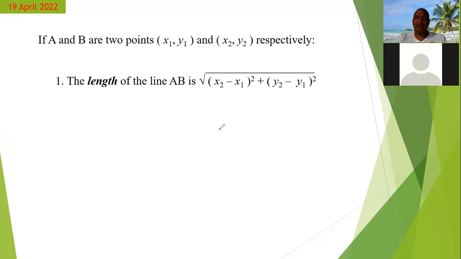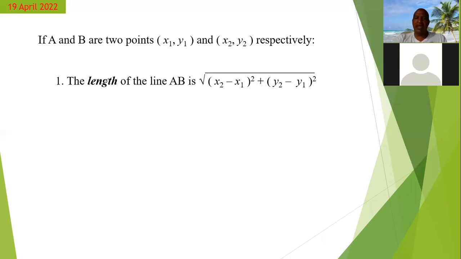Now, this formula might seem a little new to you, but I can assure you it's really not a new formula. It's actually a formula that you're familiar with. But for now, let us just focus on what this formula is saying.